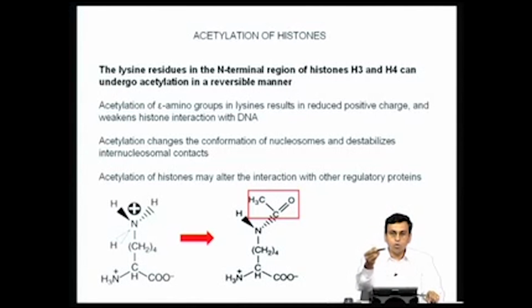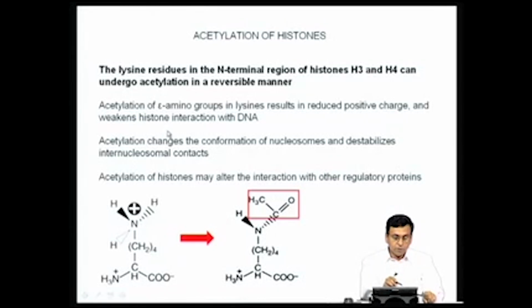When you add an acetyl group, you will also be able to remove acetyl groups. So, there are enzymes which add acetyl groups, and there are enzymes which remove the acetyl groups, then only the on off mechanism will work. So, an important observation that became evident is that the lysine residues in the N-terminal regions of the nucleosome core particle, especially H3 and H4, can undergo acetylation in a reversible manner.